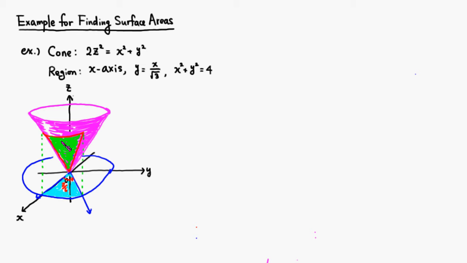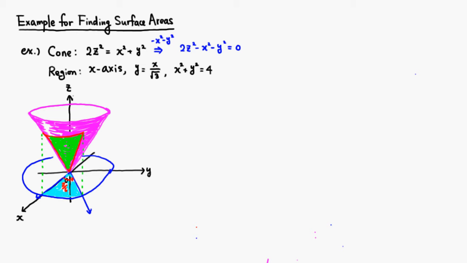All right. So first, we're going to have to find the secant of gamma. So let's try to find that. In order to find it, before that, I'm going to put x squared and y squared over to the other side. By subtracting, we have 2z squared minus x squared minus y squared is equal to 0.